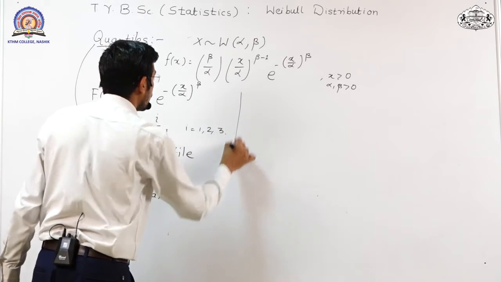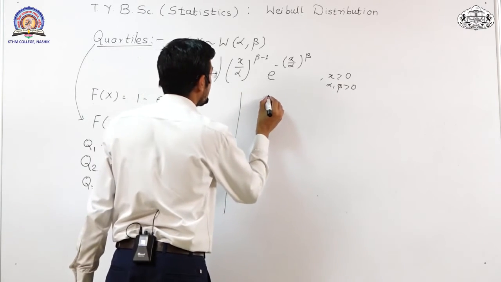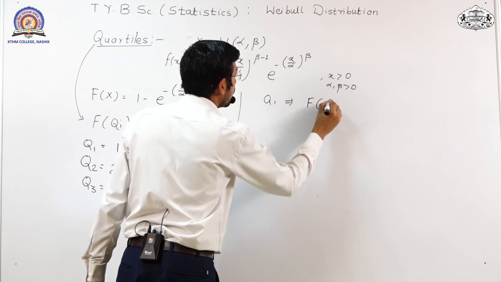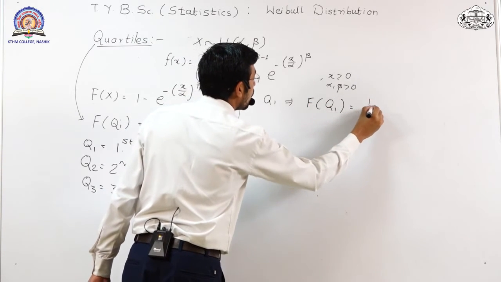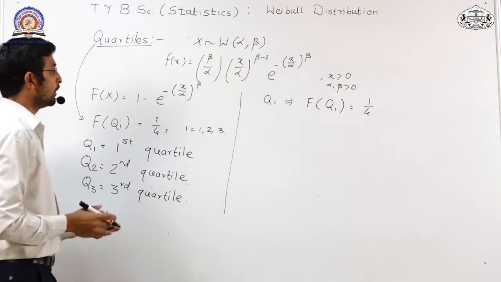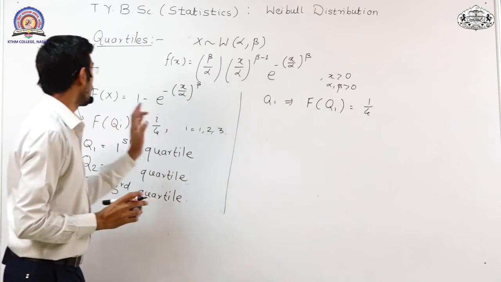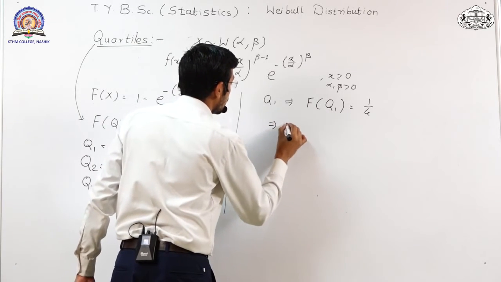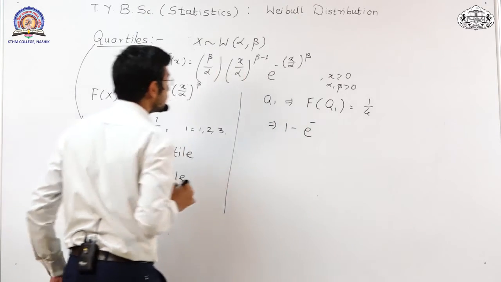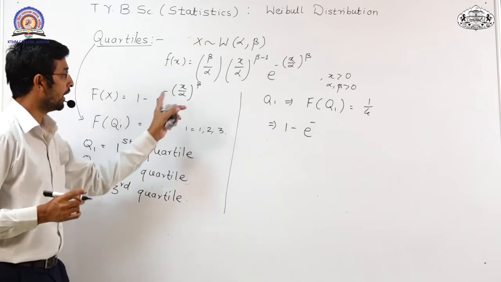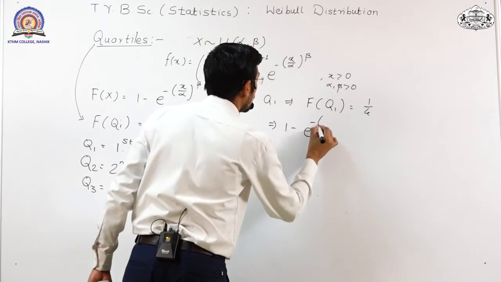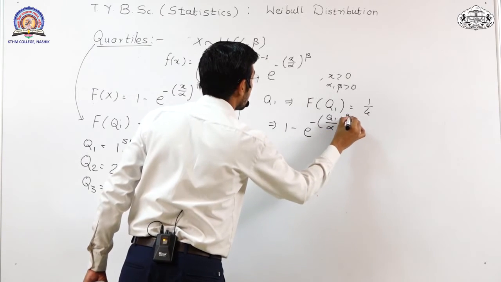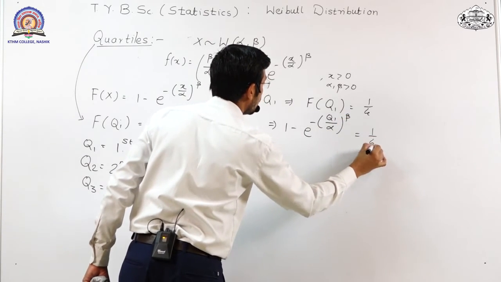So if we want to find the first quartile, that is q1, we need to find F of q1, which is equal to 1 by 4, and we know that the distribution function of Weibull distribution is 1 minus e raised to minus (x upon alpha) raised to beta. Here x is q1, so 1 minus e raised to minus (q1 upon alpha) raised to beta equals 1 by 4.